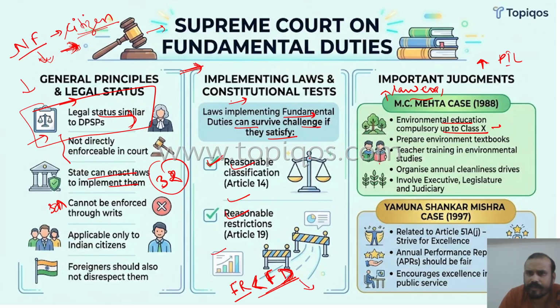So it directed that the government should prepare environmental textbooks, and these books should be subsidized also, so that children can easily buy them. And then it also ordered that teacher training in environmental study should be made compulsory, and an annual cleanliness drive should be organized here.